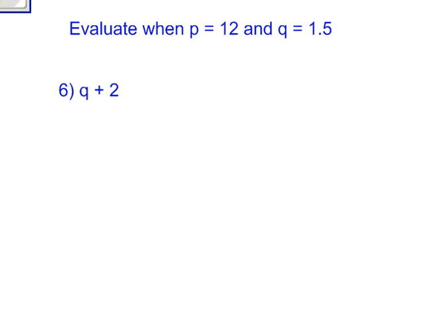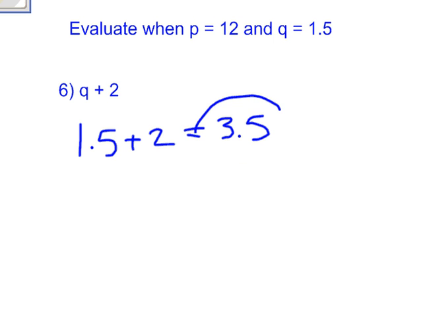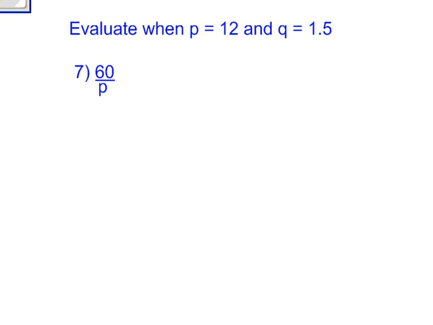Here's problem number 6, q plus 2. Q is 1.5. 1.5 plus 2 is 3.5. Problem number 7, 60 divided by p would be 60 divided by 12, which is 5.